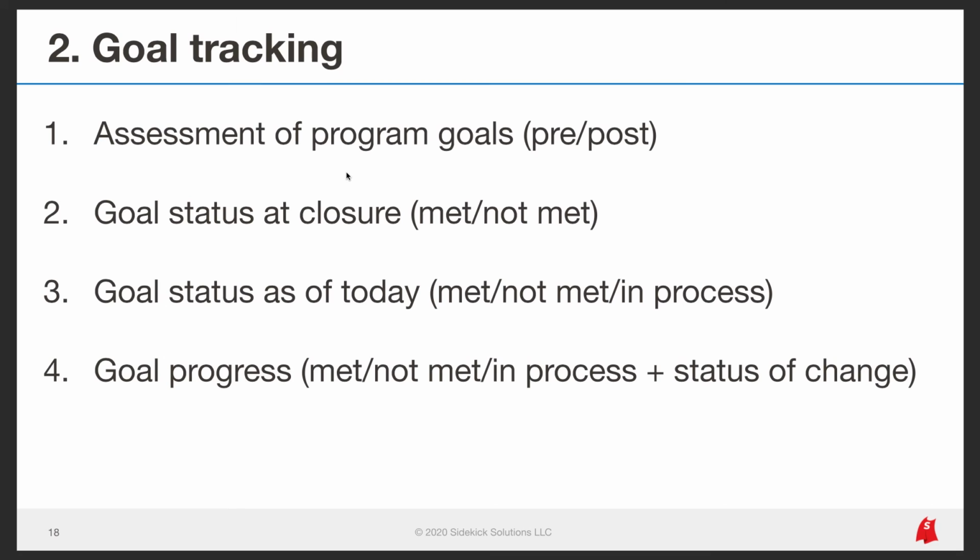So where we place goals is one decision. The second decision is if we're going to be counting goals, we need meaningful ways to count them. We need a way to transform subjective goals into countable metrics, and to do that, we recommend using outcome and domain areas.